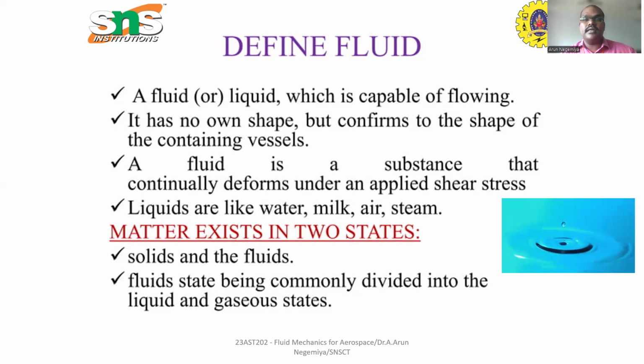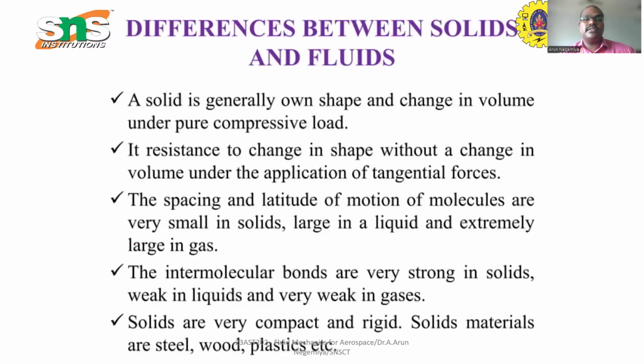The first one is solid. Solid has a shape. In this case, the atoms are arranged in a close pack. For a liquid, the atoms are arranged in weaker regions.